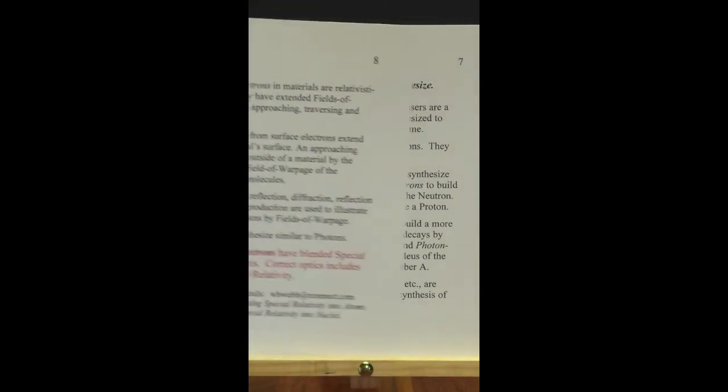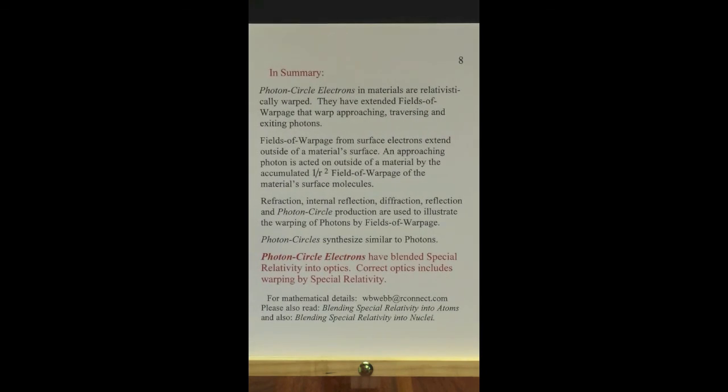In summary of what we've learned on the previous 7 pages, photon circle electrons in materials are relativistically warped. Then they have extended fields of warpage, and that warpage will warp approaching, traversing, and exiting photons.